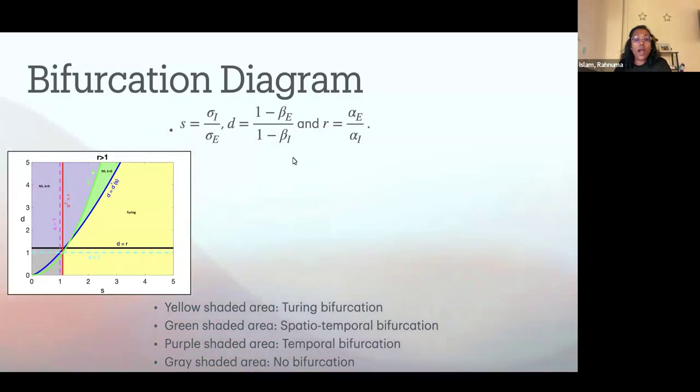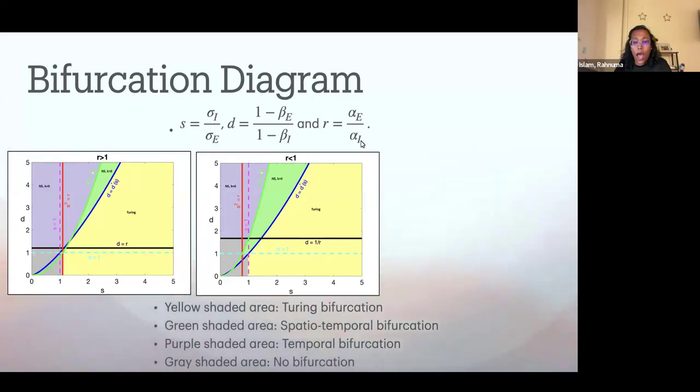If we consider R less than 1, so now alpha I is greater than alpha E, then this is what we get here. We still see the same condition for the Turing bifurcation, that this parameter S has to be greater than 1. Also the same condition for the temporal as before.